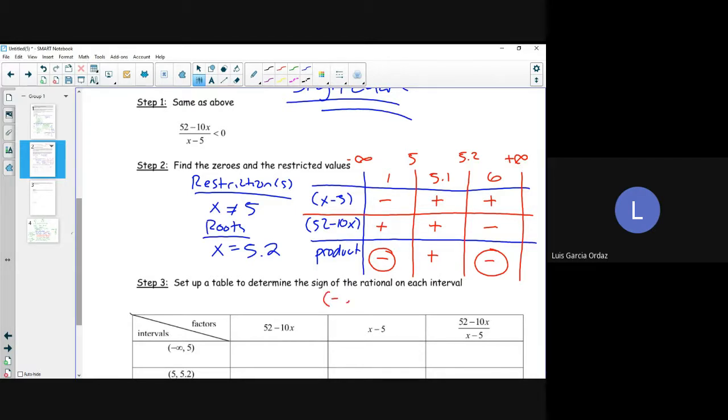So we have negative infinity to positive 5 in union with 5.2 to positive infinity. Okay? And it's the exact same solution set we obtained when we analyzed this graphically. Okay? We got the same answers.